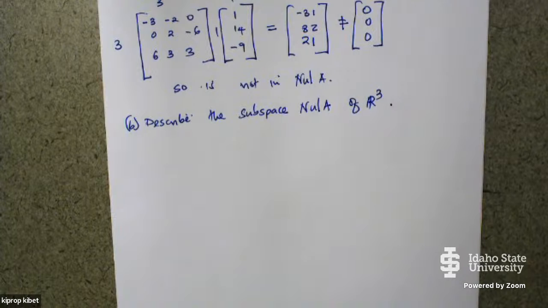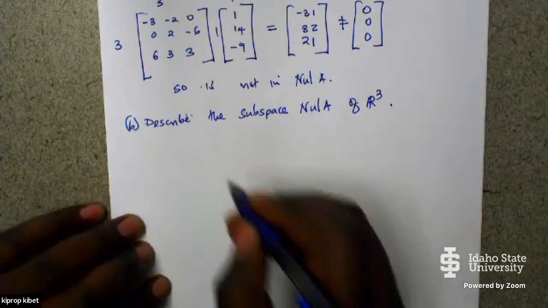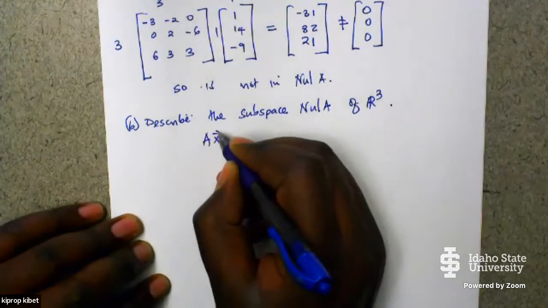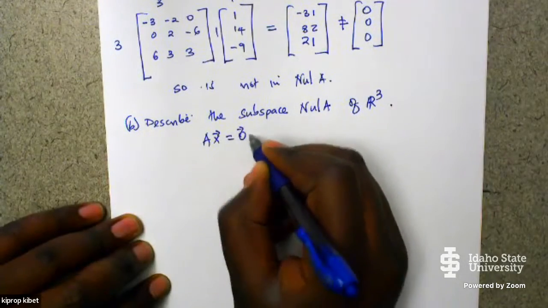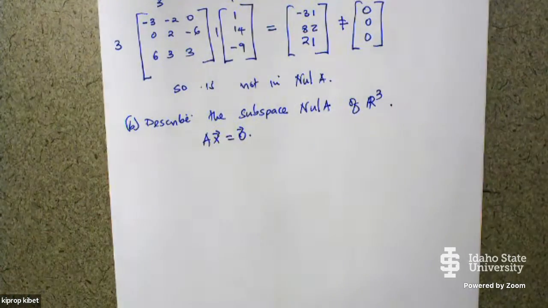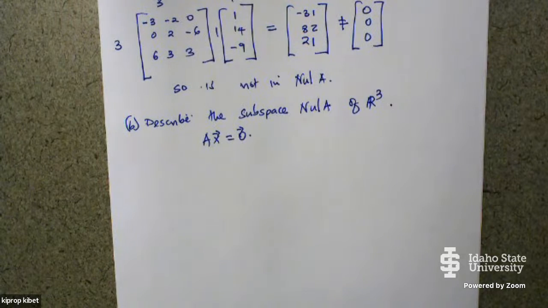So here, what we need to do is get the solution of AX equals 0. We need to get the solution of AX equals the 0 vector.